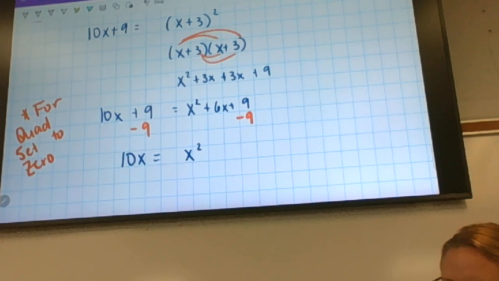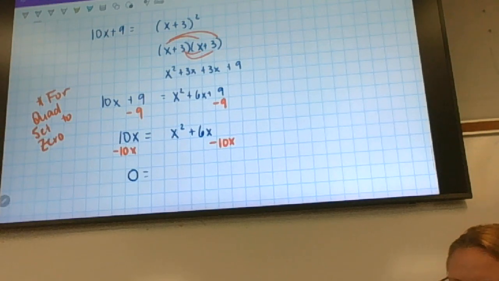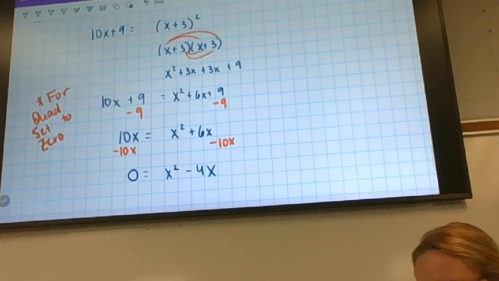I get 10x equals x squared plus 6x, minus the 10x, and I get 0 is x squared minus 4x. Because the 9's canceled.